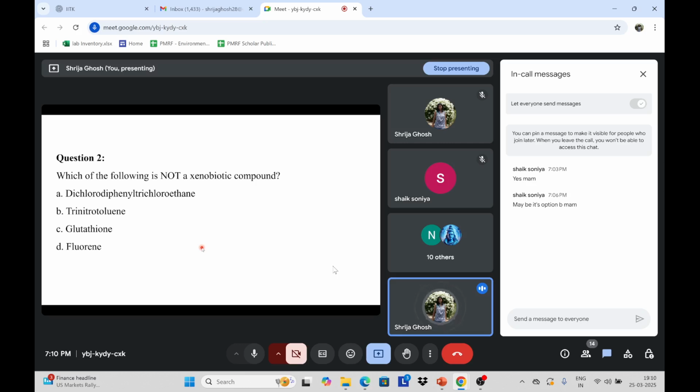Can anybody answer which compound is not a xenobiotic compound? So do you know what a xenobiotic compound is? Basically, a xenobiotic compound is a synthetic chemical compound.